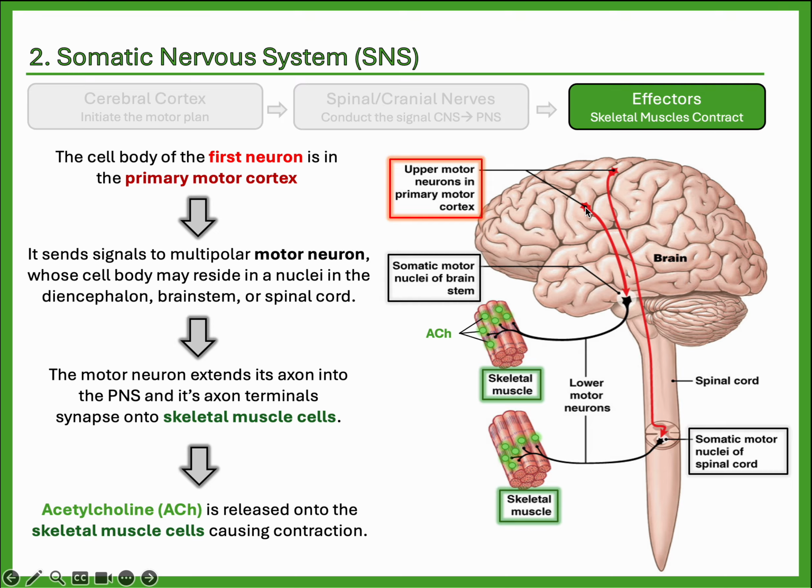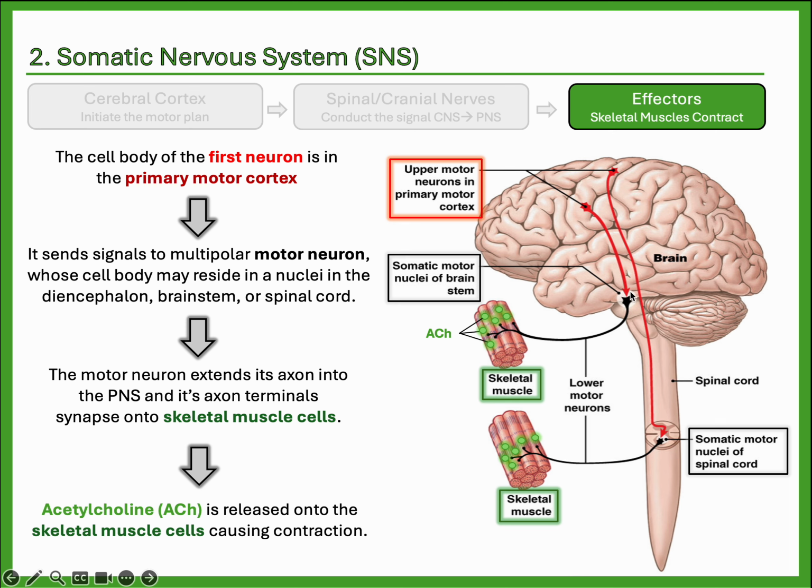We know that before this, there's actually the motor association area that talks to this neuron. This neuron signals down and sends a signal to another multipolar neuron, which is called a motor neuron.